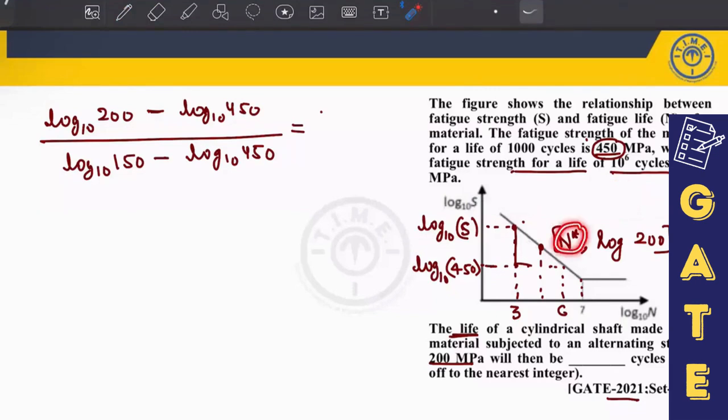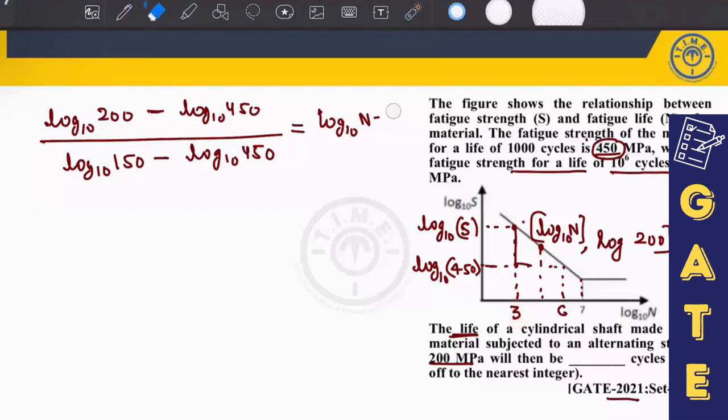Either you can represent n star, or if you are representing log base, you can also write this one. Let us suppose this is log of base 10 n. So from here, this is nothing but log of 10 n minus log of base 10 and 10 to the power of 3, which is nothing but 3 only.